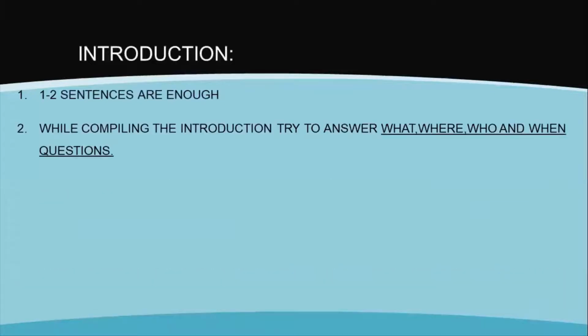Let's see how we can write the introduction, the first part in Task 1. You just need to write 1 or 2 sentences, which is more than enough. While you write the introduction, try to answer the what, where, when, who questions.